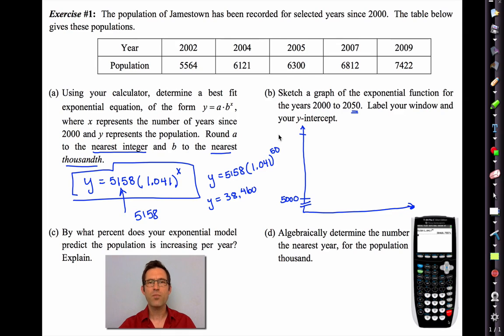So I could make my y-maximum be 40,000. My x's are easy. Those should go from 0 to 50.